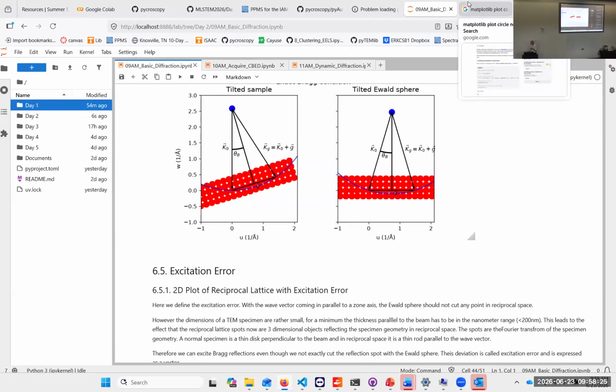All we really need is our reciprocal lattice, and then we come in. We define a zero position within this reciprocal lattice, right? So plus minus in all directions, and we just tilt the incoming beam.